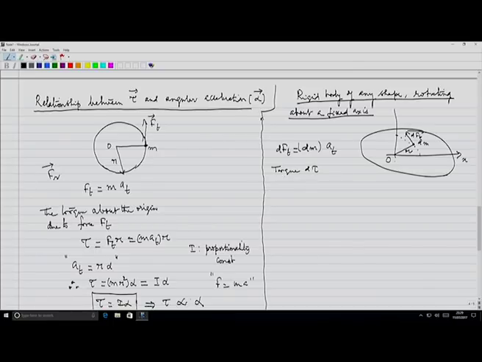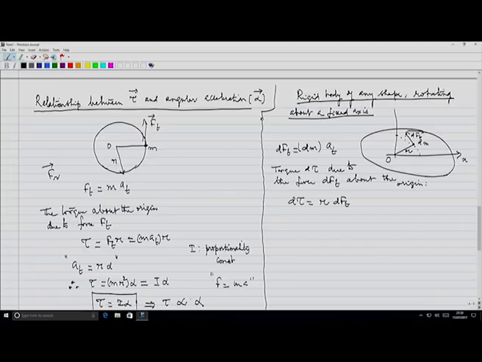Now I can calculate the torque d tau. I am writing parallelly here by the side, therefore you can compare. The torque d tau due to the force dFt about the origin is equal to r times dFt.